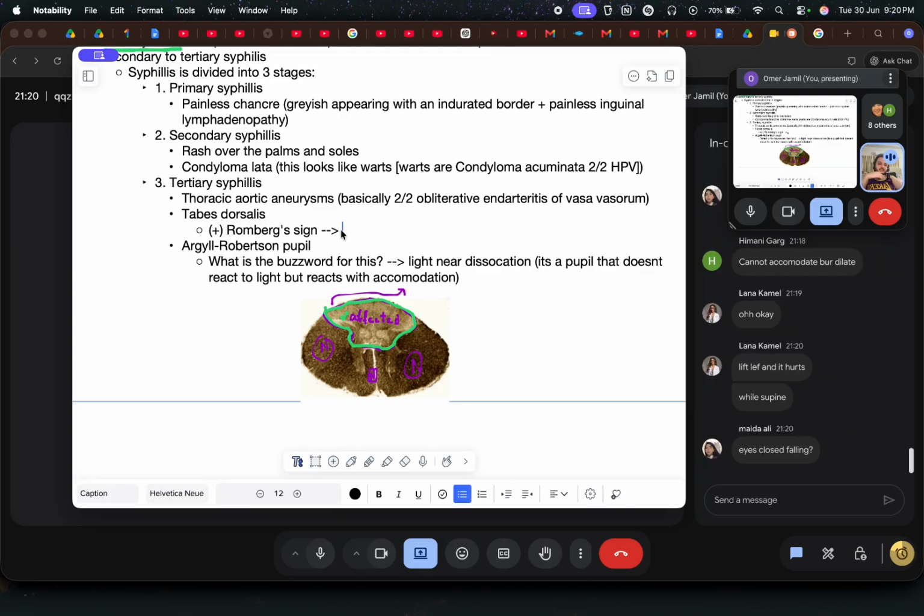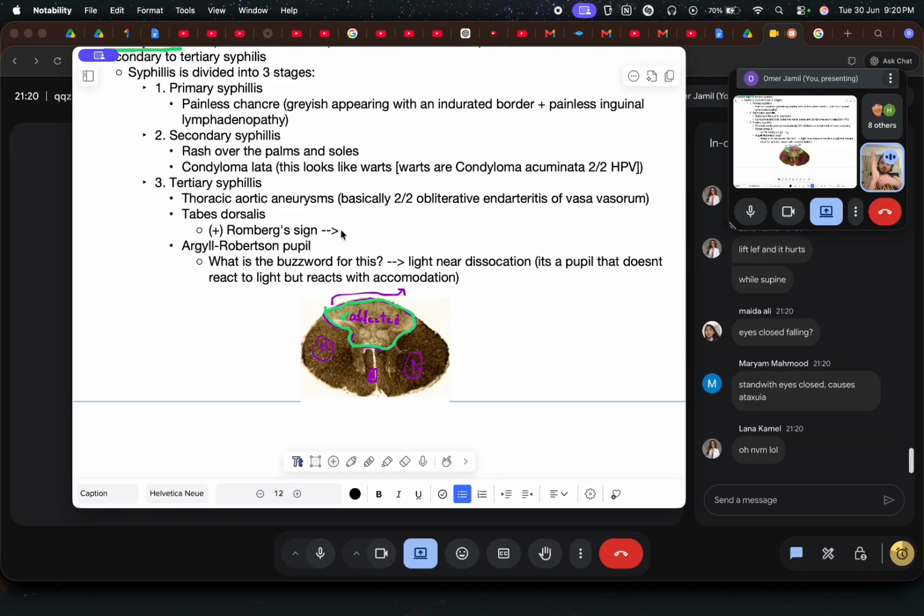What you do is make the patient stand, with his back towards your side. Let's say I'm making this patient stand and I'm standing at his back. First, I tell him to stand normally with his eyes open. Then I tell him to close his eyes. If he has ataxia, his eyes are closed and he doesn't fall, that means it's a problem within the cerebellum, and it's a negative Romberg sign.